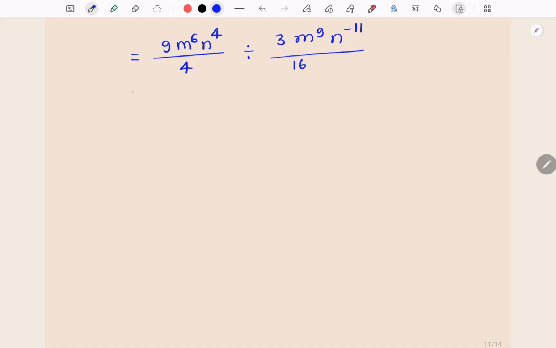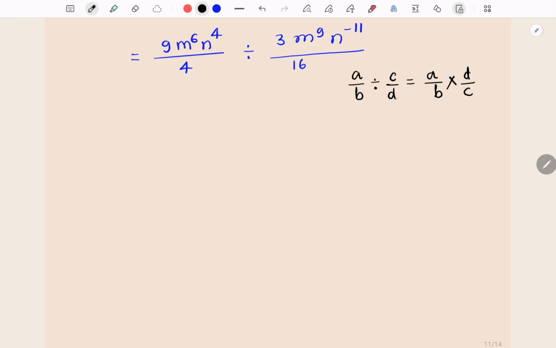Now we are dividing two fractions here. Okay, so I hope you remember that whenever we have two fractions, the first one is a over b and the second one is c over d, and we are dividing, we can change this sign of division to multiplication if we take the reciprocal of the second fraction.